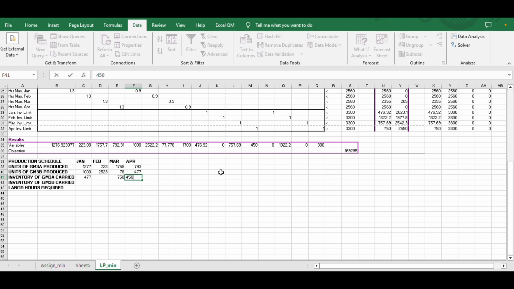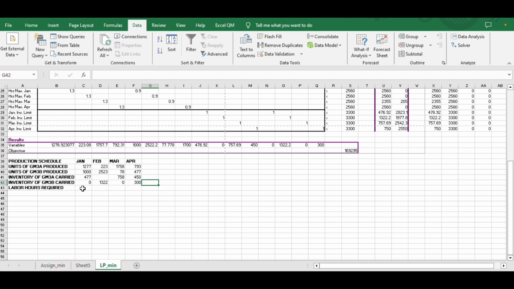And then next is 0 for January, 1,322 for February, 0 for March, and 300 for April. So as you can see, we really considered the factors earlier, that the inventory at the end of April must be 450 for GM3A and 300 for GM3B.